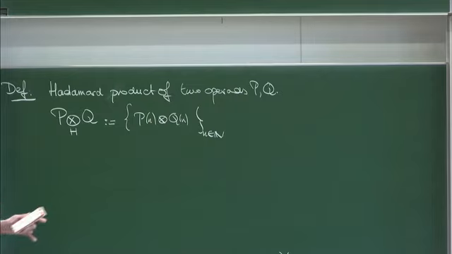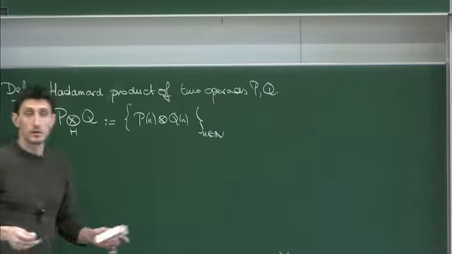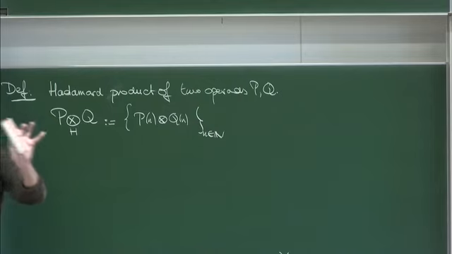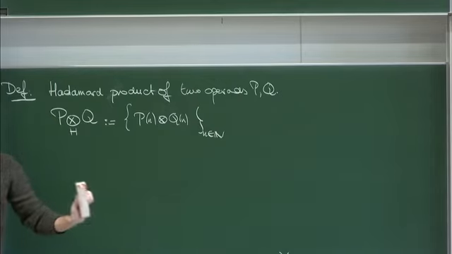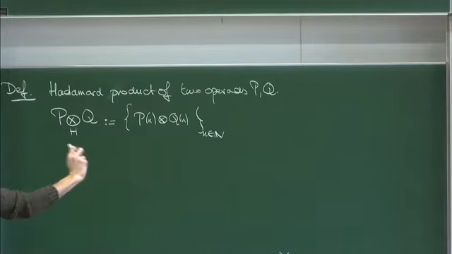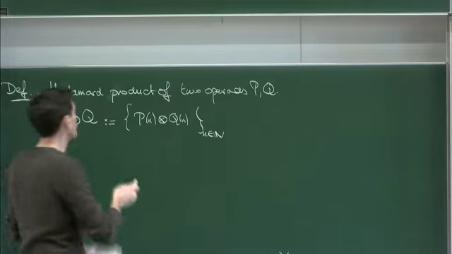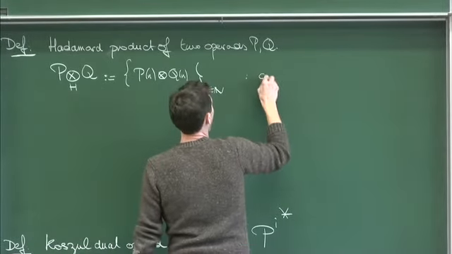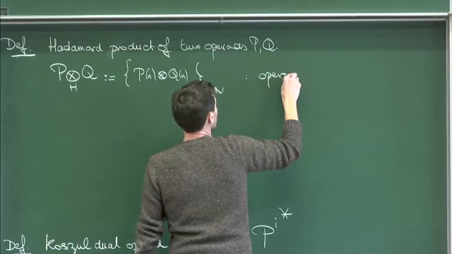And how do you act? Well, by the diagonal action. So that's an operad. If you take pairs and you put them one above each other, you separate them, you compose, and you get a guy in P times Q. So this is an operad. I leave you to check that.